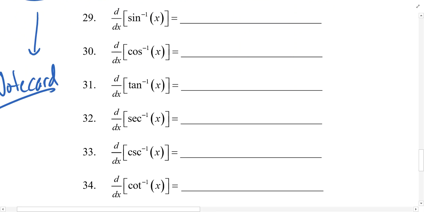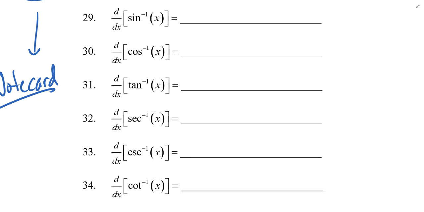For numbers 29 through 34, as I said at the start of this video, go ahead and make a note card for these and bring them to class. Not only are they challenging because we're dealing with trigonometric functions, but they're also challenging because they're inverse trigonometric functions. And if I'm being perfectly honest, many of our derivative rules, even more so than those in this video, are known and have been established, but they're not often memorized.